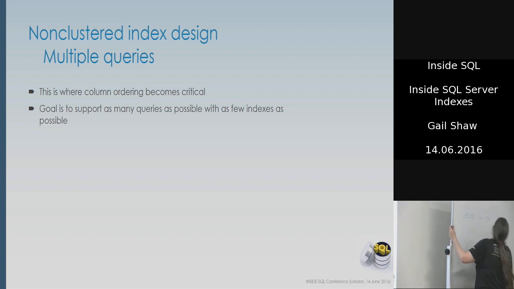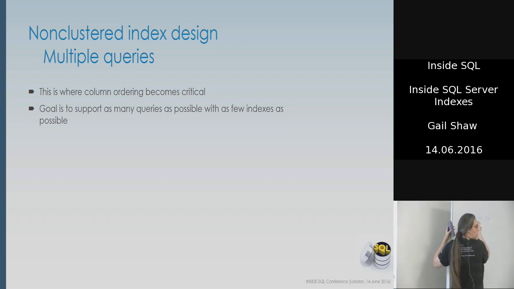If our clustered index is on C1 with a uniquifier, this is a non-clustered index, C2, C1, uniquifier, includes C4. And this is a non-clustered index, essentially C2, C1, uniquifier, includes C4.